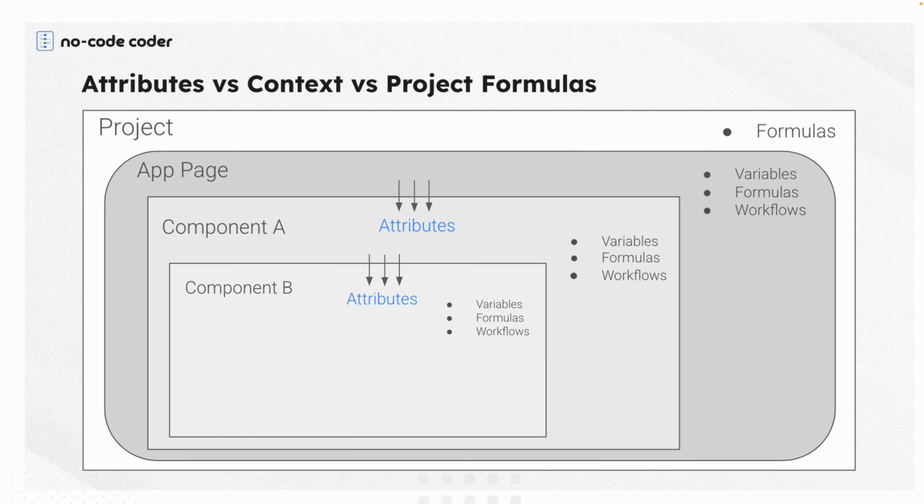So what we're essentially doing there is getting this variable, passing it through an attribute into component A, and then we're passing that value as an attribute down into component B. Okay, passing it down 2 levels of components. Now that's fine. However, what if we've got a component C?